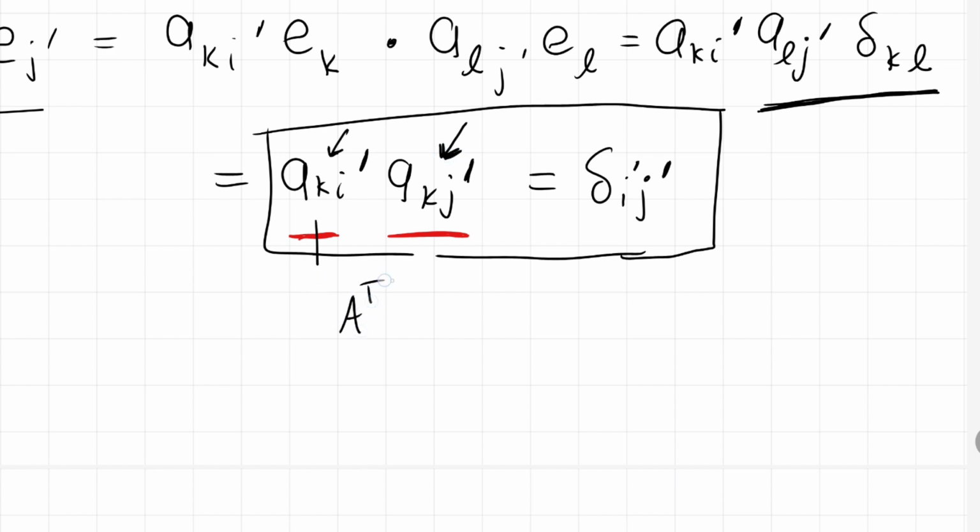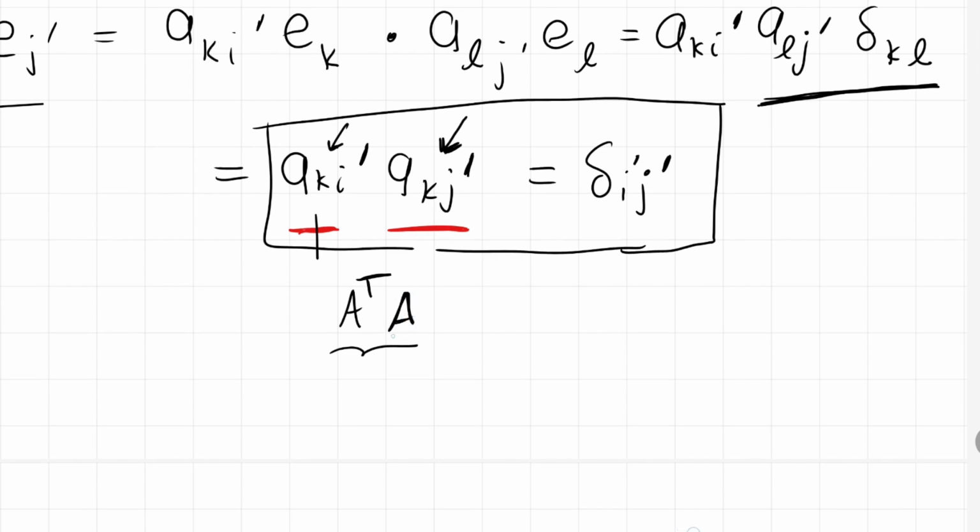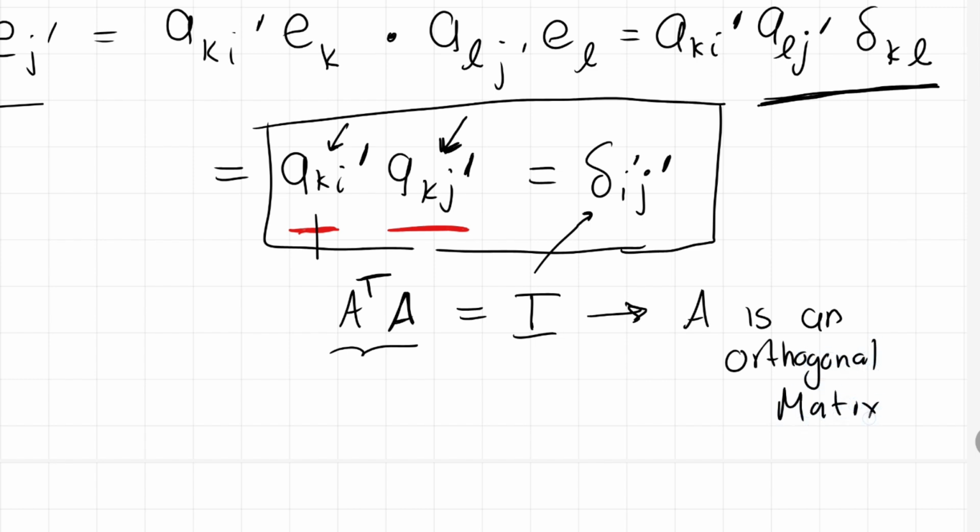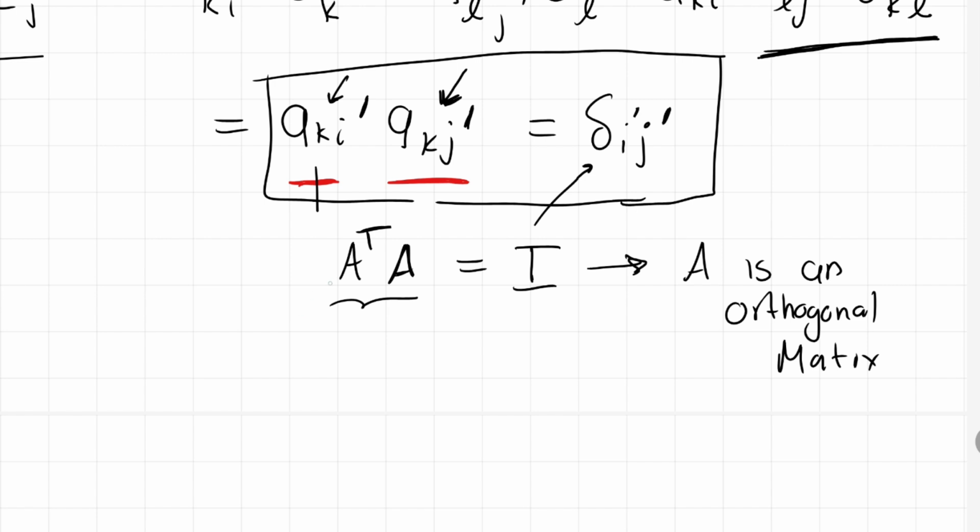So the product of the transpose of A times A is equal to a Kronecker delta. In matrix notation, A transpose times A is equal to the identity matrix, which allows us to conclude that A is an orthogonal matrix, because the transpose of A is equal to the inverse of A. That's why A is an orthogonal matrix.